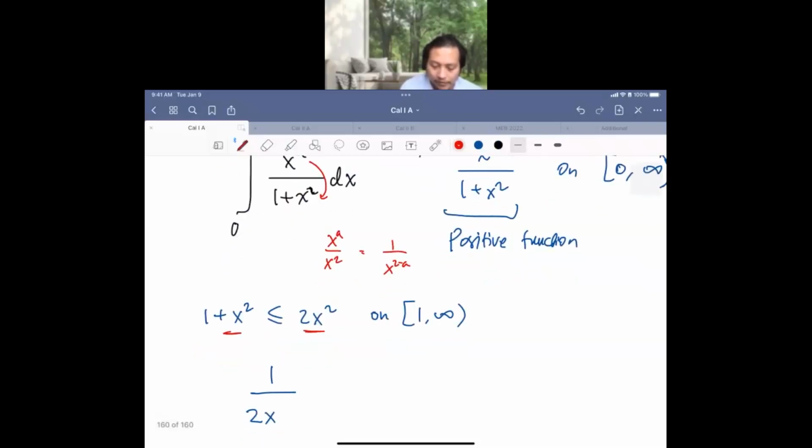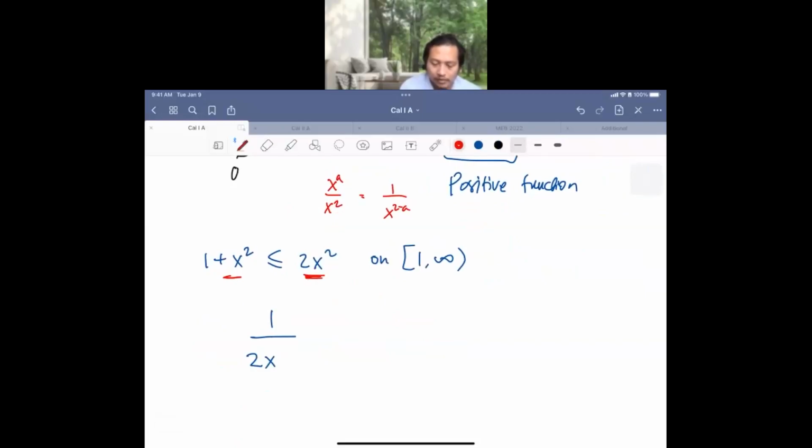And let's say we have this 2x squared as the denominator, and we could have 2 minus a. Suppose that this is our comparable function, that this is less or equal than the one that we are going to find, that is x with power of a over 1 plus x squared.